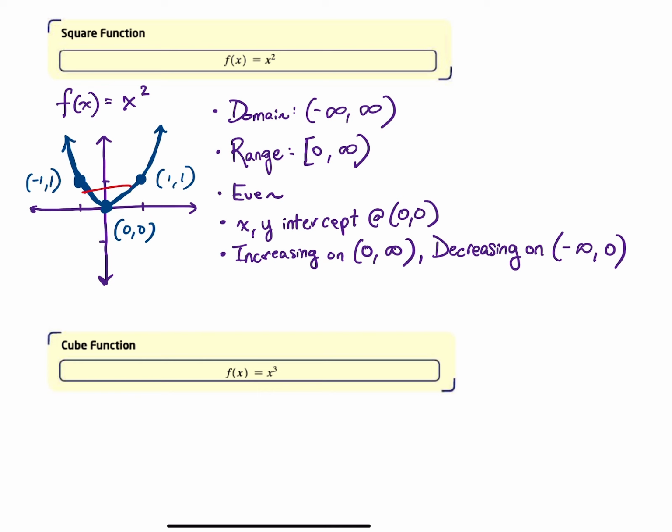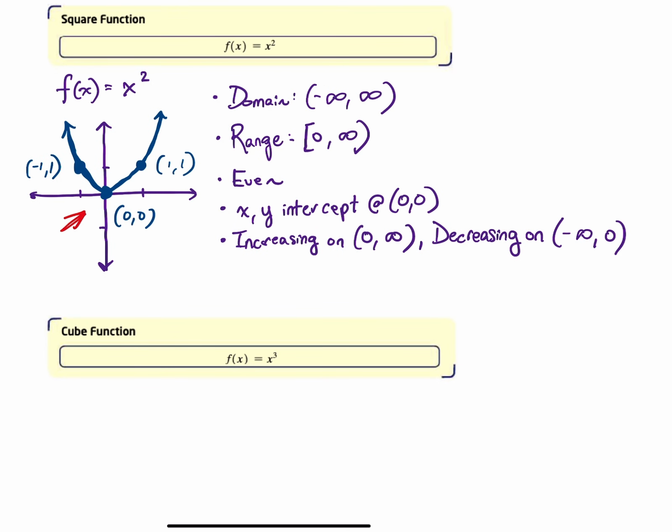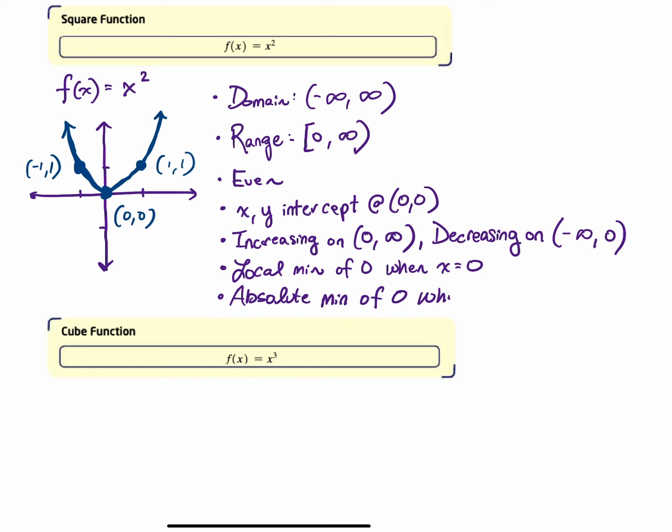So remember, a local minimum means we can draw a little interval around a point and find a minimum. And this is also the lowest value in all of the domain of the function. You can't get a value lower than 0, unless it was reflected or anything like that. So we would say a local minimum value of 0 when x equals 0. And same with the absolute. Let's say absolute min of 0, also when x equals 0.